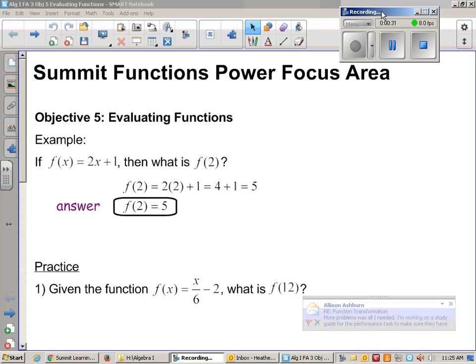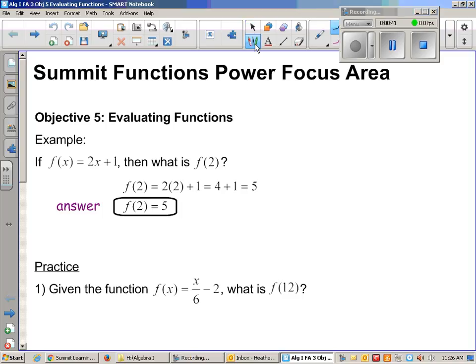If you look at this example here, they give us a function, f of x equals 2x plus 1. Let's do this real quick. Then what is f of 2? F parentheses 2. And then look at the work below.